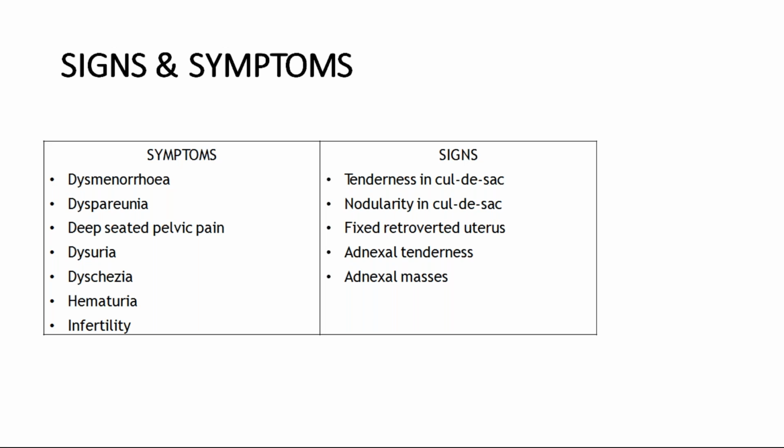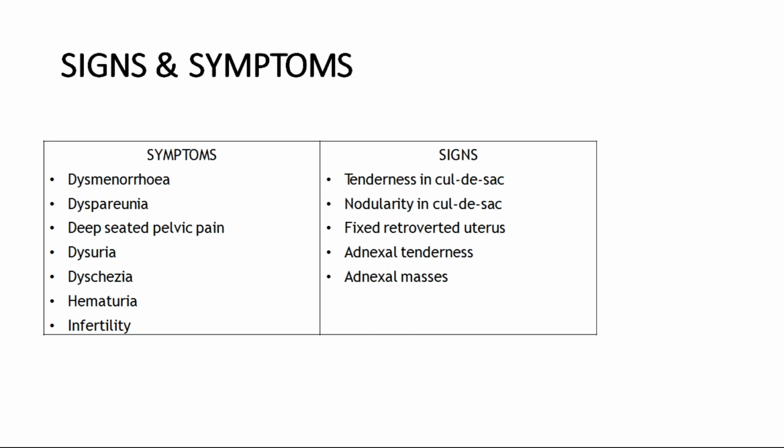So what are the symptoms? Mostly pain, dysmenorrhea, dyspareunia, deep-seated pelvic pain, dysuria, dyschezia, hematuria, and infertility. So what are the signs? When you examine also, they will have deep tenderness. When you do PV, fornical tenderness will be there, the patient will elicit pain like anything.